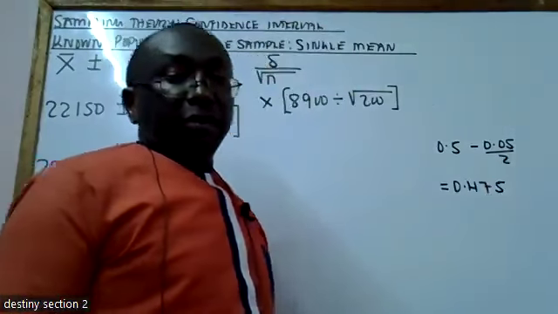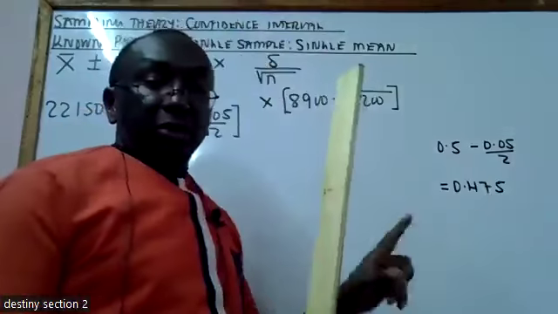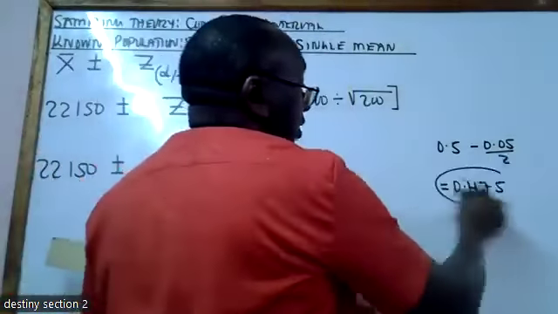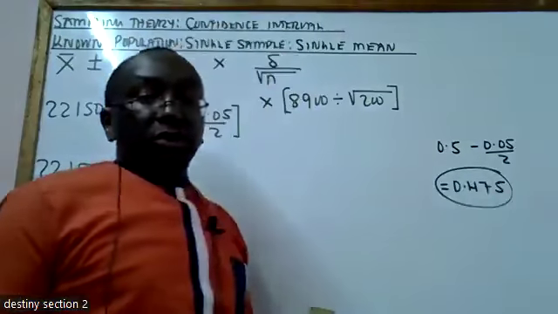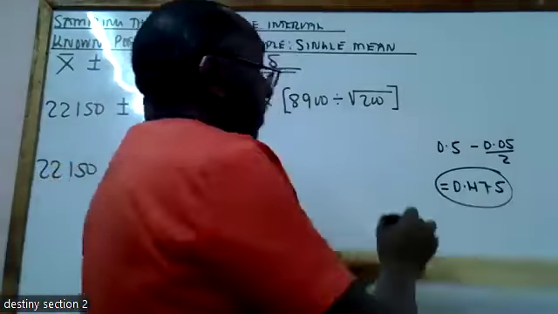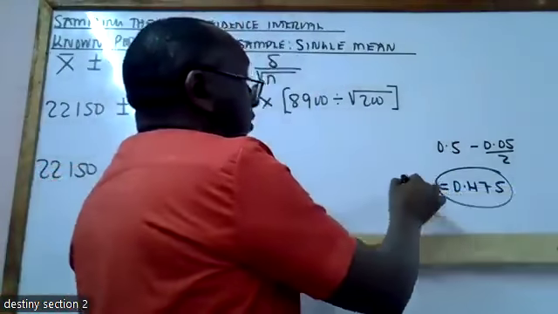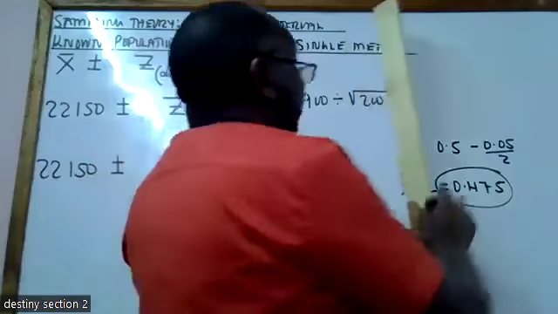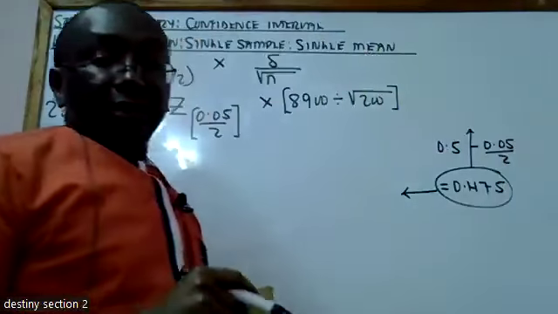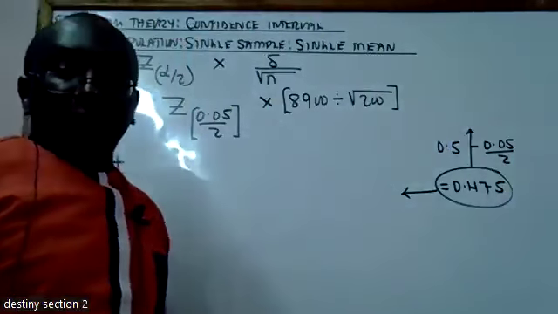Sasa, with that 0.475, unaingia kwa normal tables, unatafuta hii, you look for 0.475. Mahali utaiona huko ndani, you give me the value that is on the row there, and the value that is in the column. Do that and give me the value quickly.